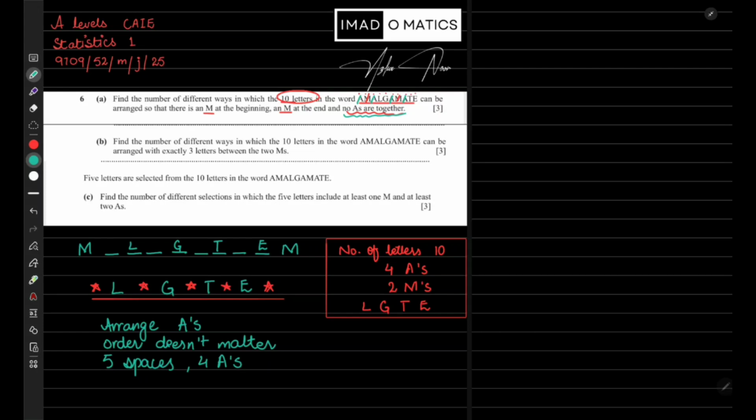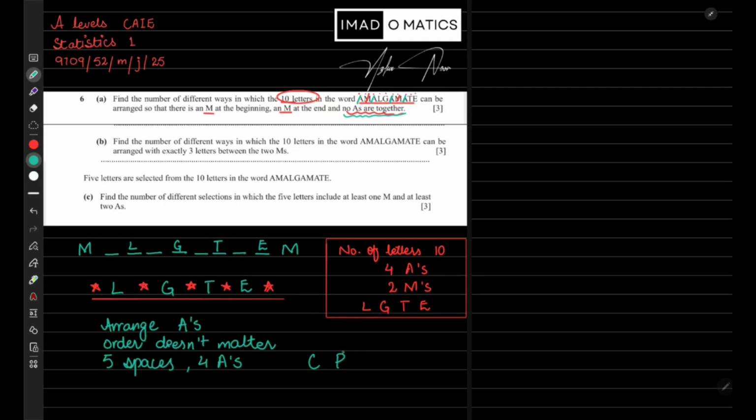If the number of spaces and the number of things are equal, then we use the factorial, the arrangement. But when there are more spaces, or the spaces and the things don't match, then we use either combination or permutation. We will use combination because order doesn't matter.